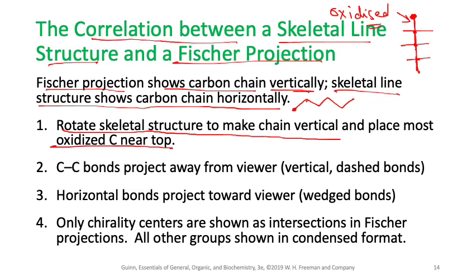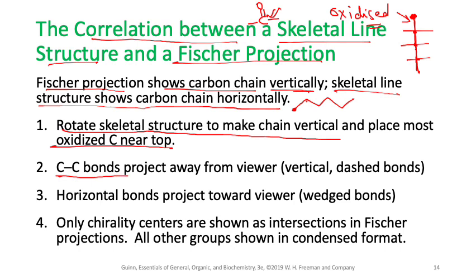And if you remember, what are the 2 different groups that we normally use in a carbohydrate? One is ketone, second one is aldehyde, right? So which one is the more oxidized one? The carbon that has a carbonyl group, and this carbonyl group is present in ketone as well as in aldehyde. So that means this carbon has to be given the preference to be on the top if there is a possibility, right, in the Fisher projection.